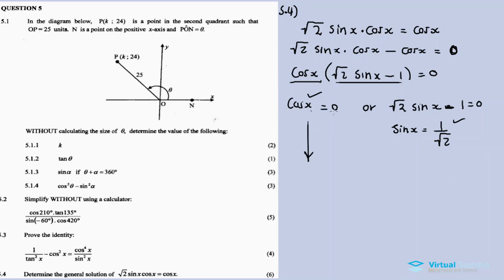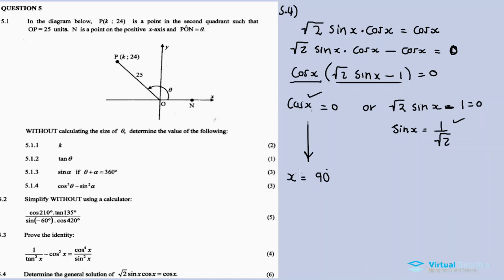The general solution, I'm starting at this one, since it's cos x equal to 0. You cannot find a reference angle using 0. So you need to recall the graph of cos x, then ask yourself where the graph of cos x is equal to 0. It's whenever x is 90 degrees. Cos 90 degrees gives 0.